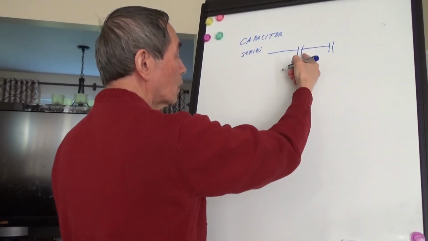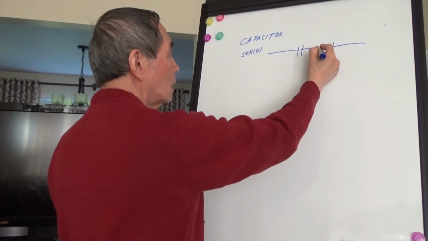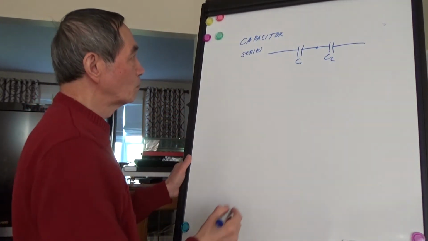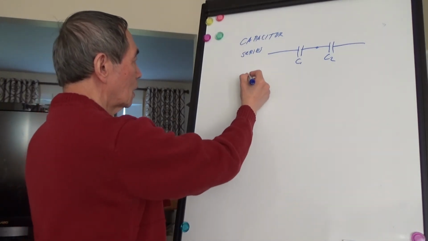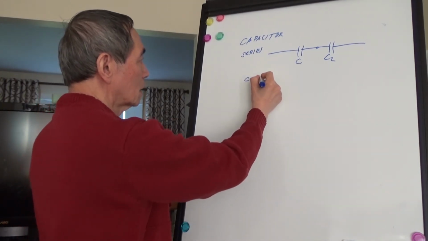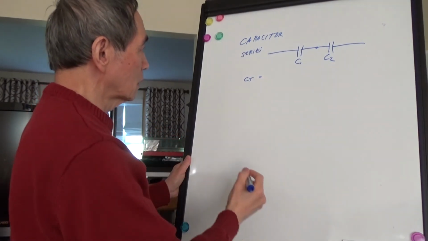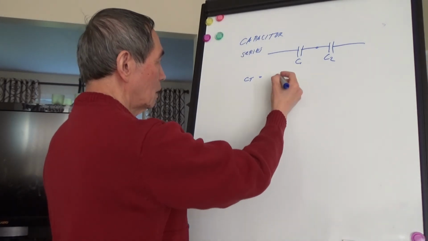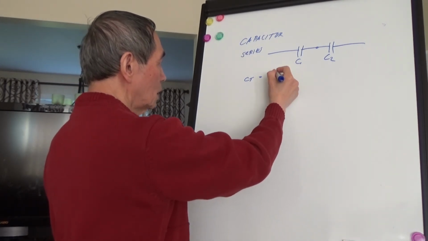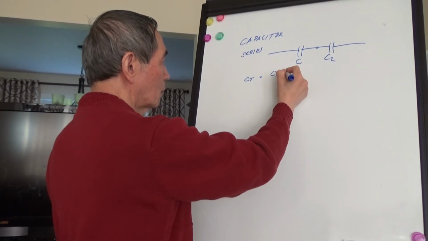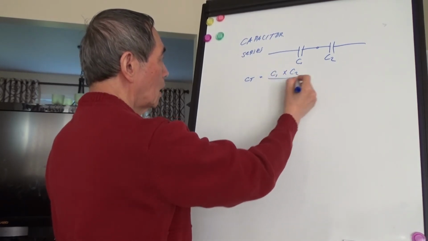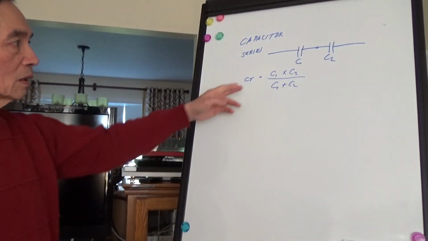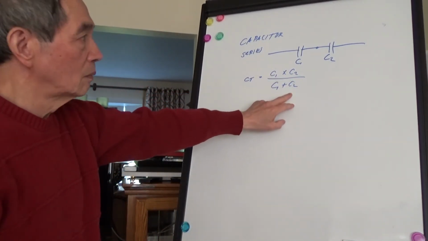It has the symbol of the capacitor, C1, C2. The total capacitance of a series capacitor is the invert of a resistor. So product over the sum, C1 times C2 over C1 plus C2.